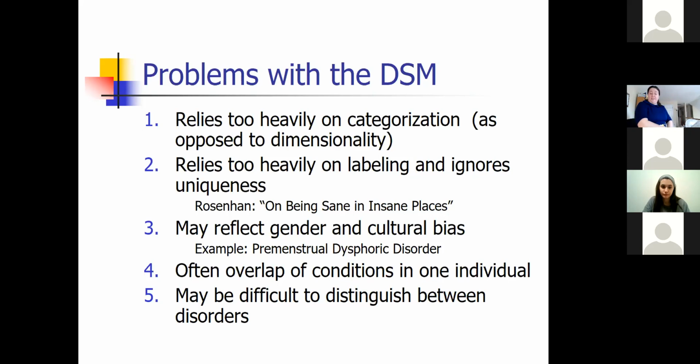It may reflect gender and cultural bias. For example, premenstrual dysphoric disorder, which we'll talk about a little later, is a mood disorder that is basically pathologizing PMS. There's an argument to be made that there are women or people with uteruses who experience essentially depression-level symptoms when they're on their period.